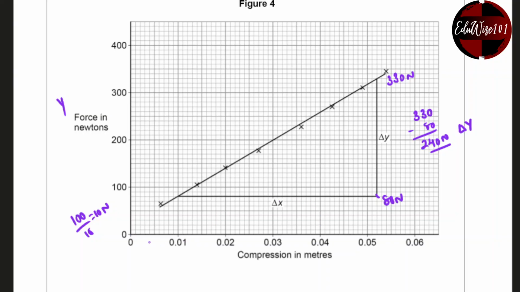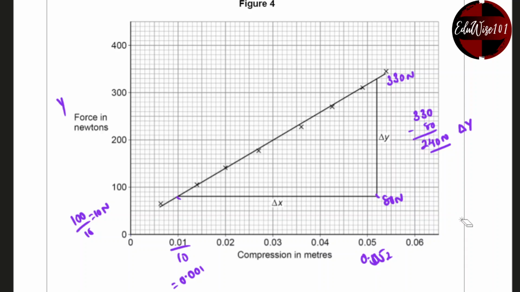And the x, this is 0.01. If I divide that by 10, I'll get 0.001. So that's on the 8th. That's 0.01. And this is 0.05, 51, 52. Yeah. So this is 0.052.